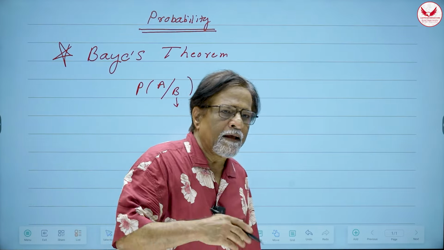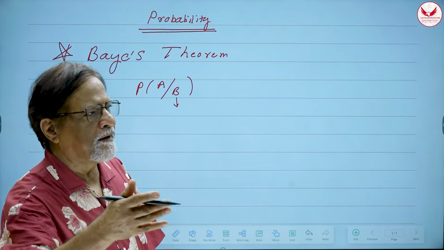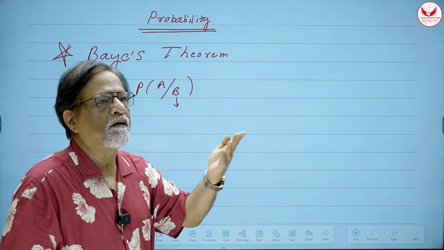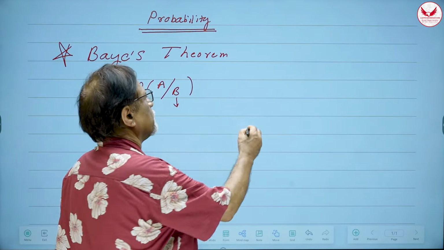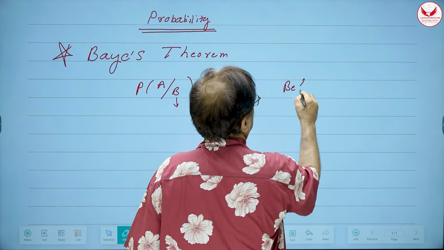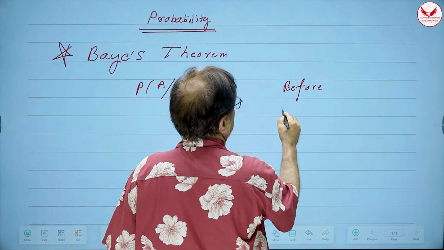Now any event that happens in real time, when two events happen, one event happens earlier and the second event appears later on. So earlier means it is before, and later on means it is afterwards.